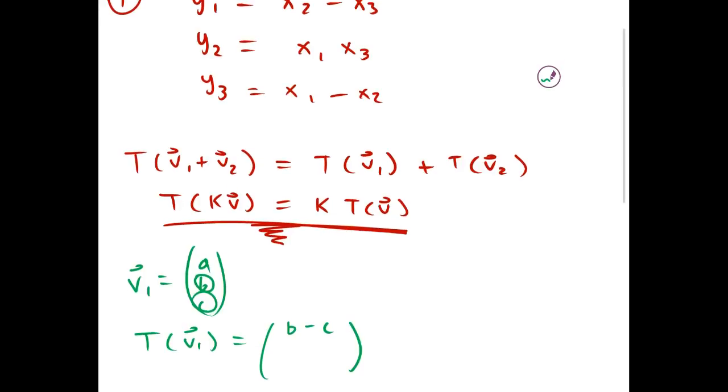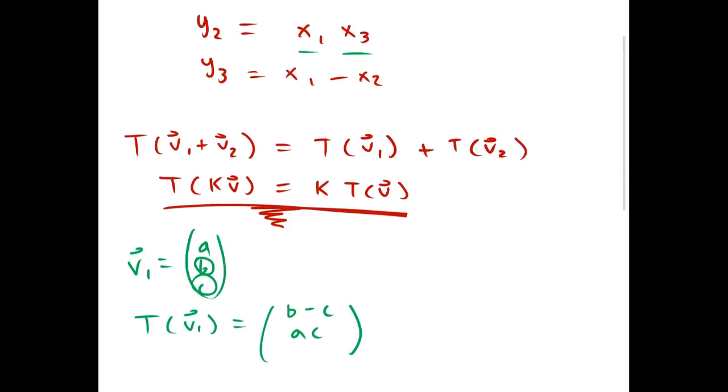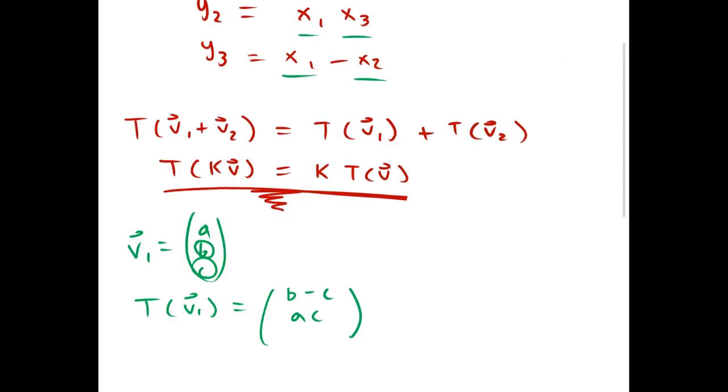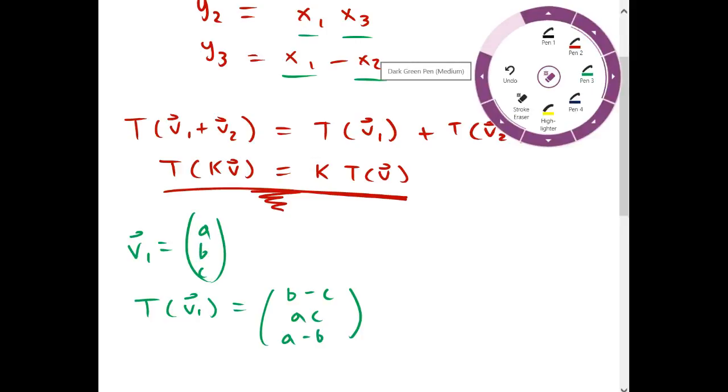Then y2, our second output, is our first component times our third component, so ac. For our third output, we should have the first input minus the second input, so a minus b.